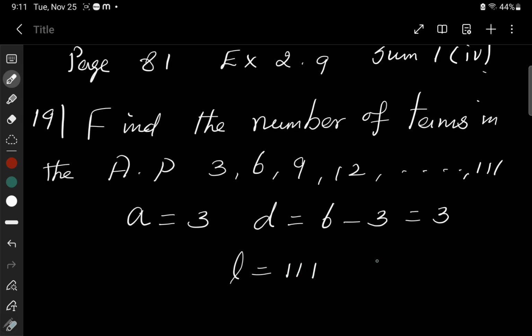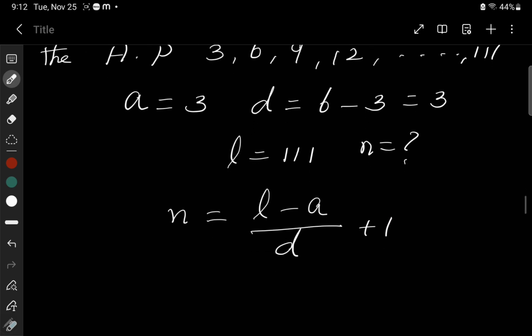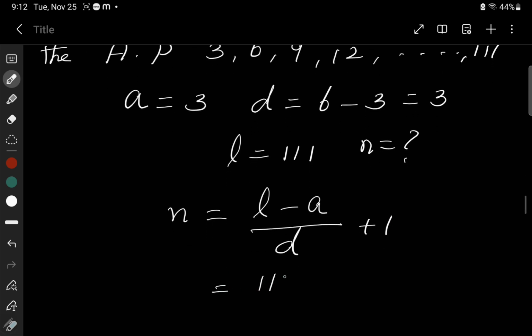So up to this 111, how many terms do you have? You have the formula: number of terms n is equal to (L minus A) by D plus 1. So what is L here? 111 minus A, which is 3, by D, which is also 3, plus 1.